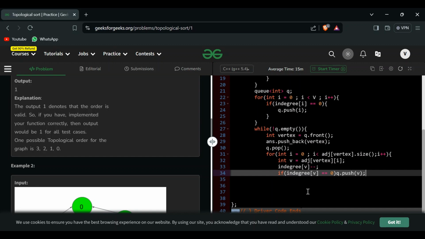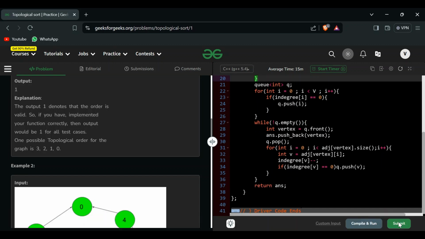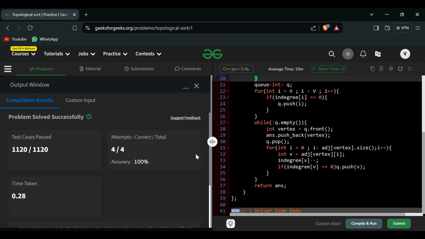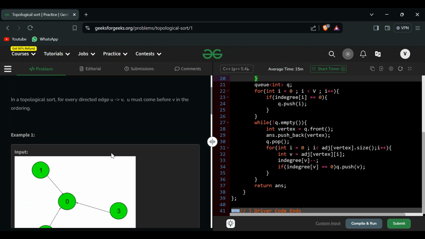If so, it will next be pushed into the queue. As you can see, the test cases pass, and this is the topological sort.